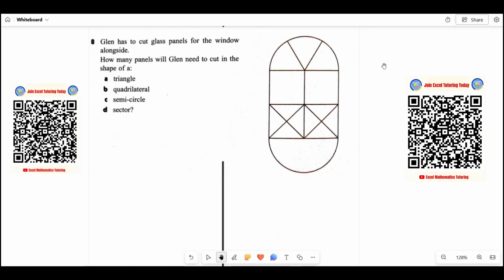Question number 8 is the last question. Glenn has to cut glass panels for the window alongside. The question is asking, how many panels will Glenn need to cut in the shape of, first one, a triangle.